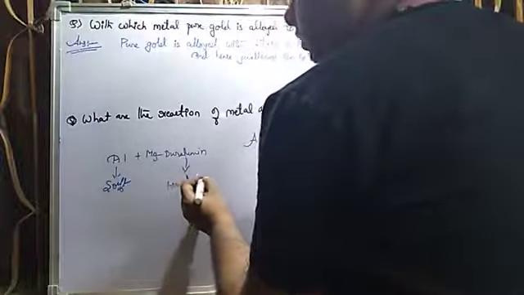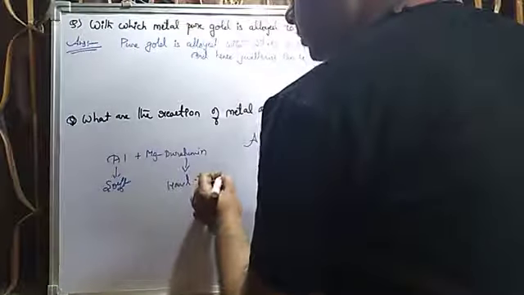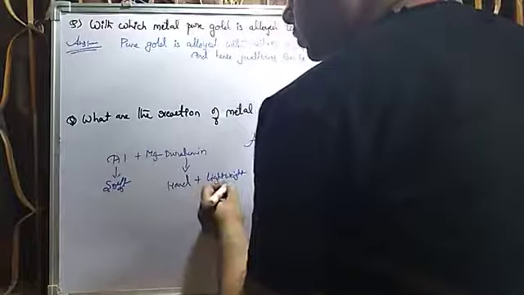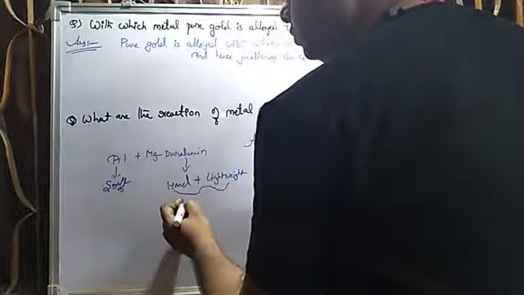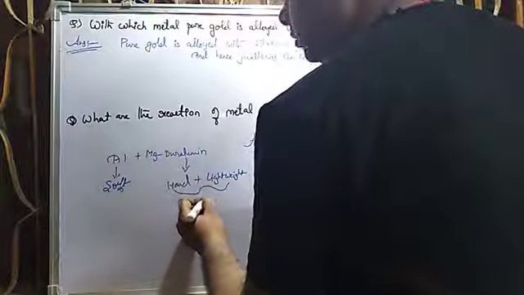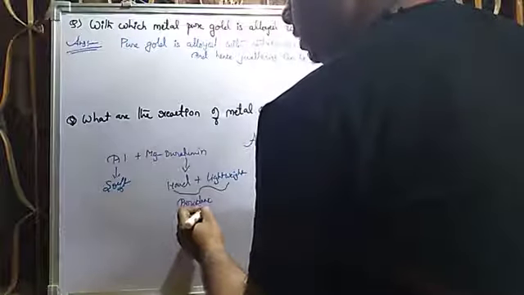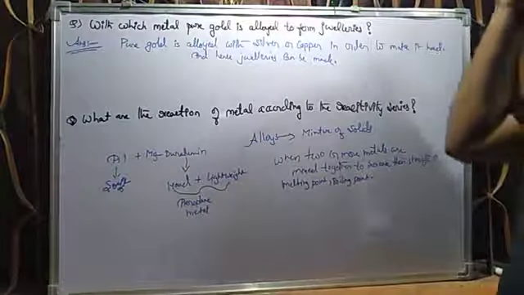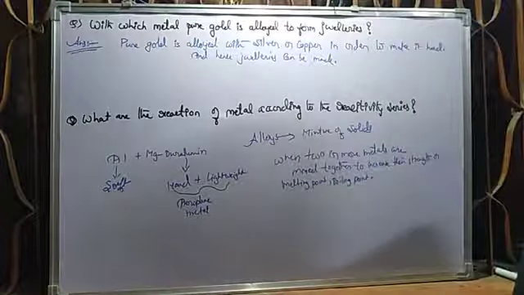Plus hardness, it is very lightweight, so due to this reason it is also called aeroplane metal. So this is one example of an alloy.